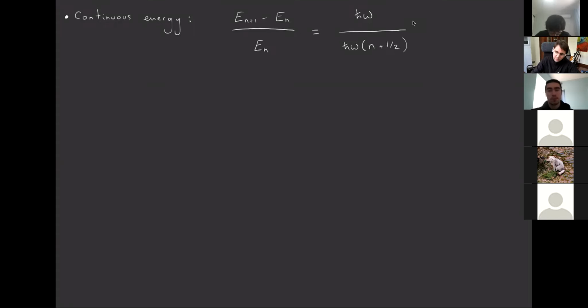But what's important is that if we take the limit of n very large, okay, so if n goes to infinity, then we see that the quantization that you observe in relation to the energy that you are observing goes towards 0, okay?